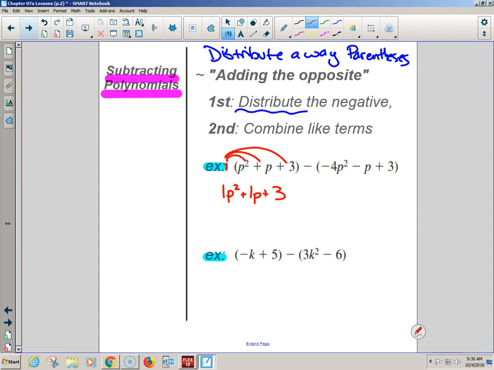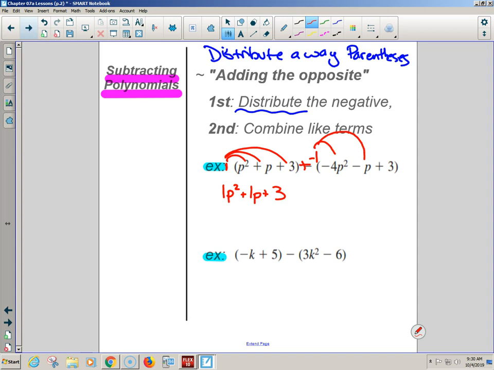It was a positive 1, so not much changed. But over here, wait, isn't subtraction adding the opposite? It's not a positive 1. What's in front now? When you have subtraction, there's a negative 1 in front that needs to be distributed. So we have to distribute a negative 1.